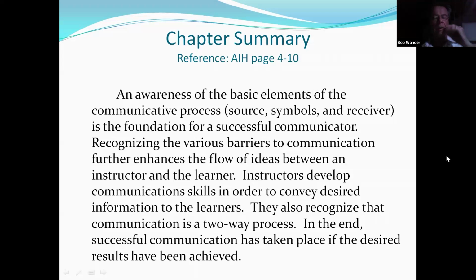Yeah, Ron, Bob Wander here. Just a note to all of our attendees. If you want the candidate, the learner, to do something on the ground or in the air, my advice is tell the candidate in the simplest possible declarative sentence what it is you want them to do. Make it very, very clear.